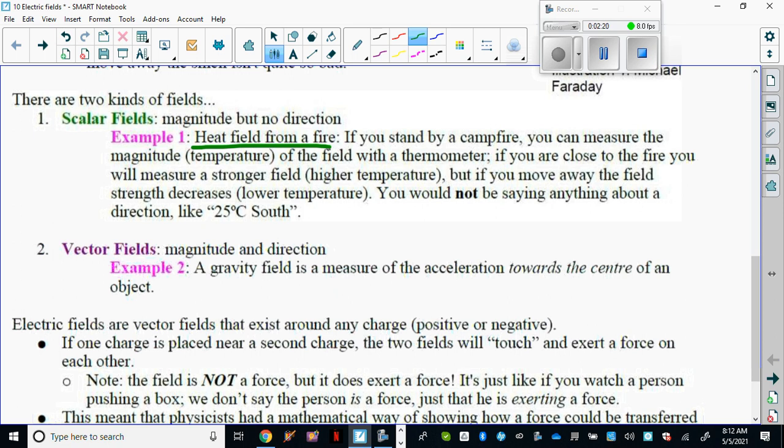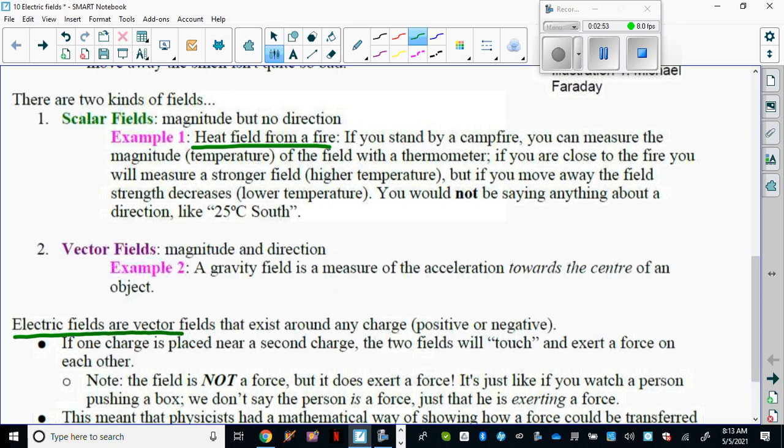And then we have vector fields. Electric fields and gravitational fields are both vector fields, and they have magnitude and direction. Electric fields are vector fields that exist around any charge, positive or negative. So anything that has a charge other than being neutral, which I guess technically is a charge in itself, is going to create a field around it, just in the same way that anything that has mass creates a gravitational field around it.